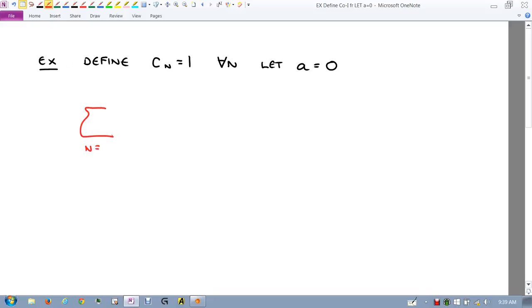Sum n equals 0 to infinity, c sub n is 1 times x minus 0 to the n, which is just sum n equals 0 to infinity of x to the n, isn't it? Anybody recognize that series at all?